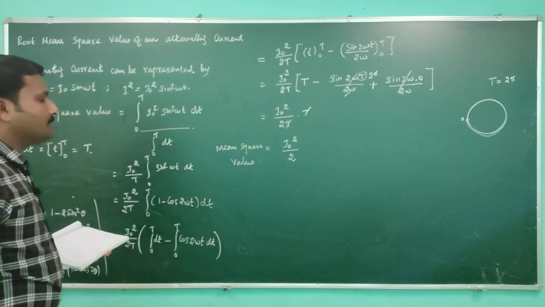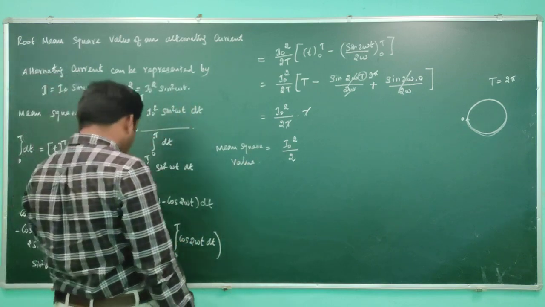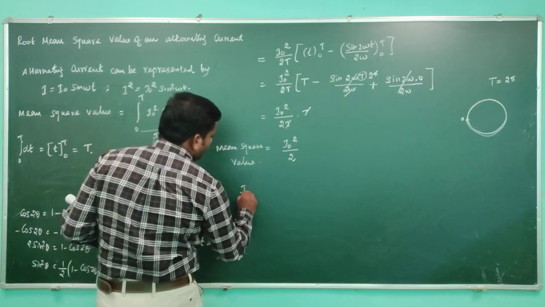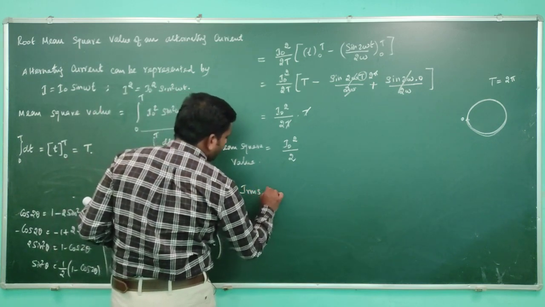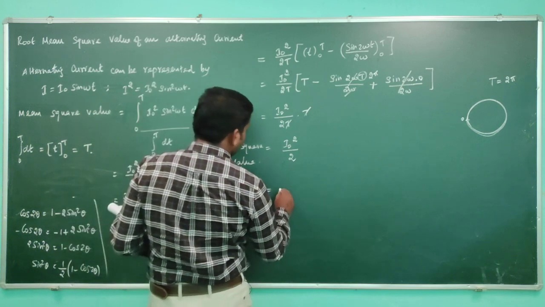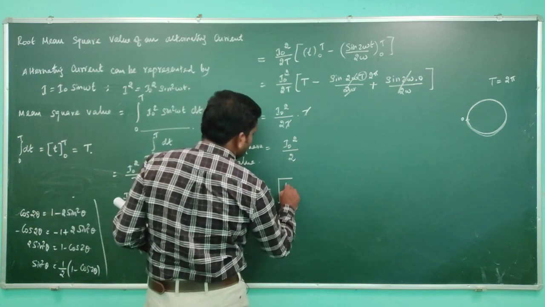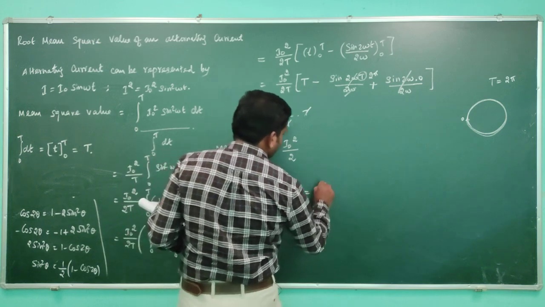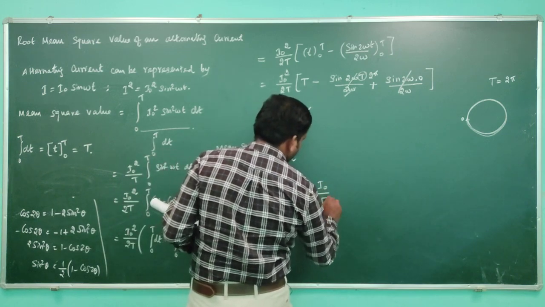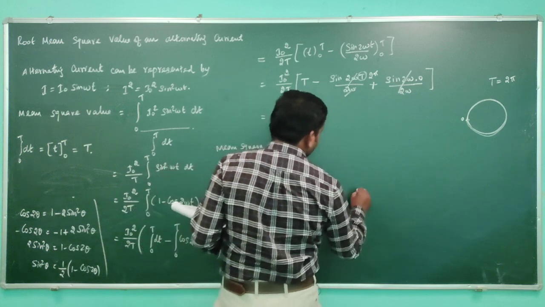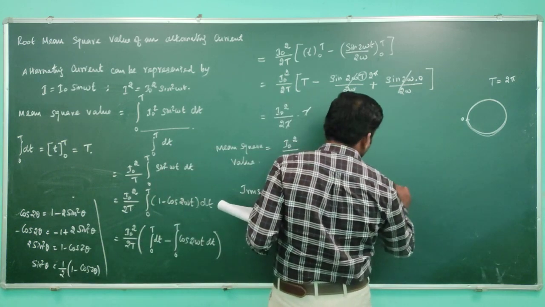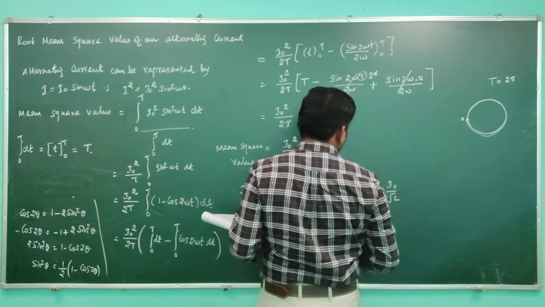But what we want is the root mean square value, I RMS. For that you have to take the square root of this term, the square root of I naught square by 2. So this becomes I naught by root 2, that is, I RMS is equal to I naught by root 2.